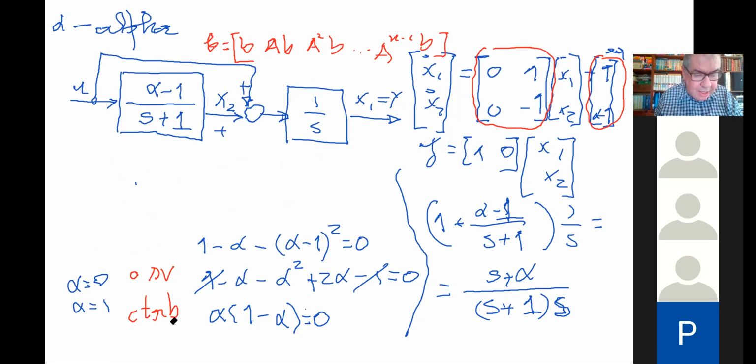OBSV and CTRB are MATLAB functions. Ah, okay. And you can compute the observability and controllability matrices numerically with MATLAB. I have a small booklet where I take note of these MATLAB functions or tricks, so you should probably do the same.